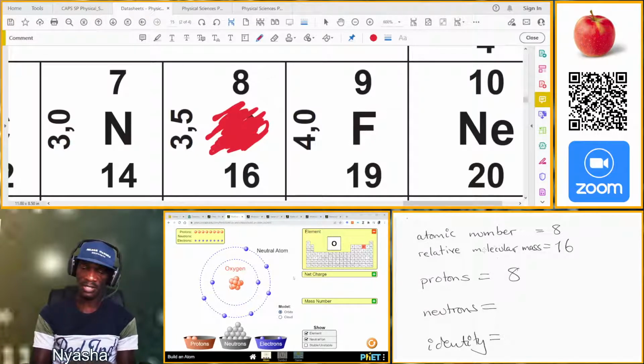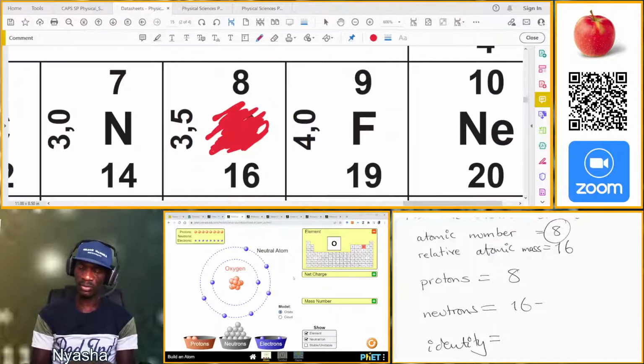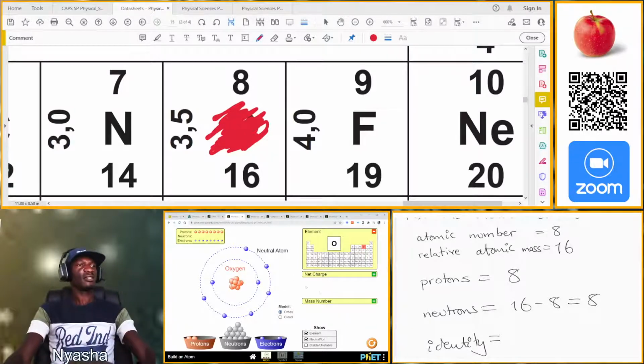So let me put this as, because this is a single atom, the relative atomic mass, which is our 16, minus this given proton number, which is 8, so that we can get an 8. So let's throw in the neutrons. The first neutron is in, the second one is there, the third one is there, 4, 5, 6, 7, 8.